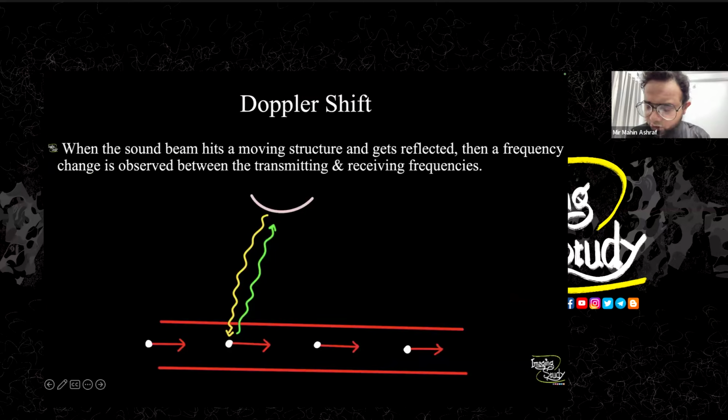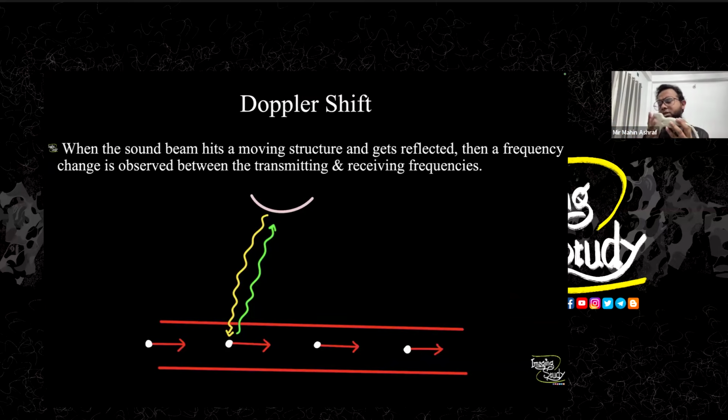For color Doppler physics, we won't go very deep, but we have to know the Doppler shift. When you are putting sound onto a non-moving structure, like when you are doing B-mode or real-time ultrasound, the sound goes into your body and gets reflected. So what frequency are we transmitting?